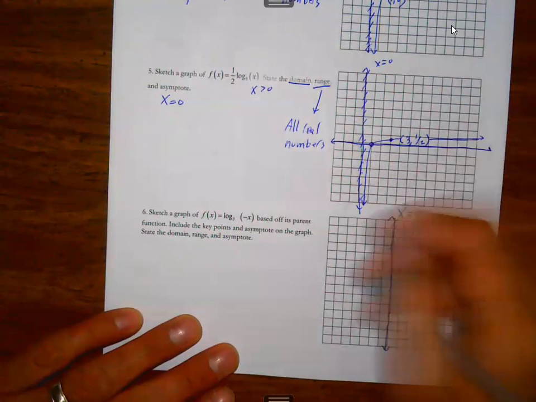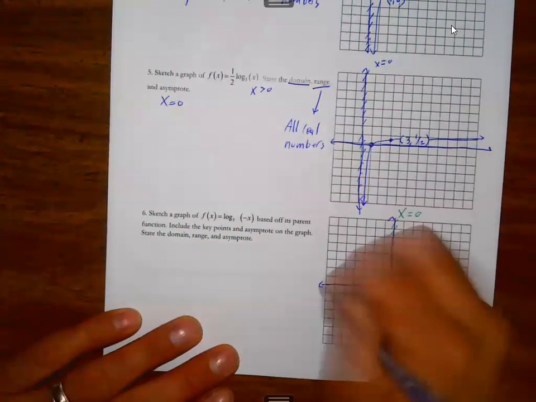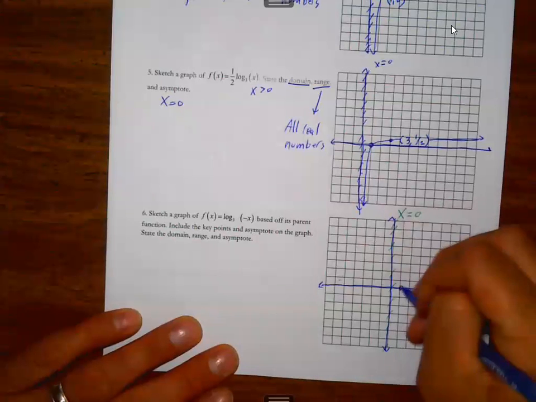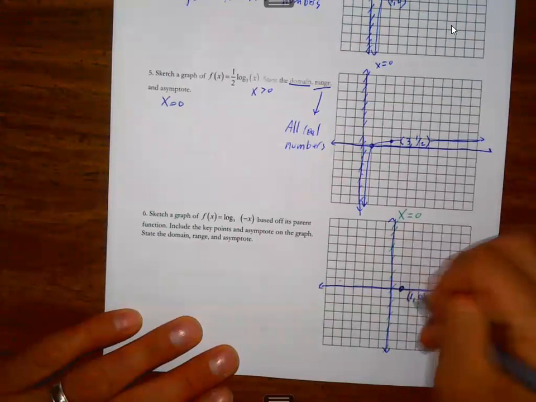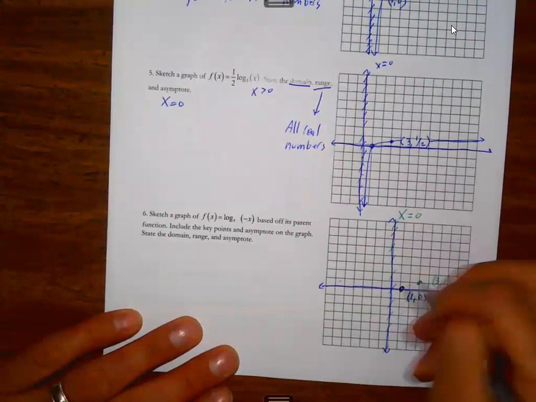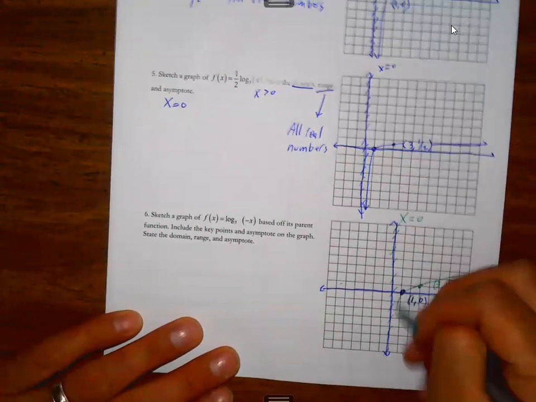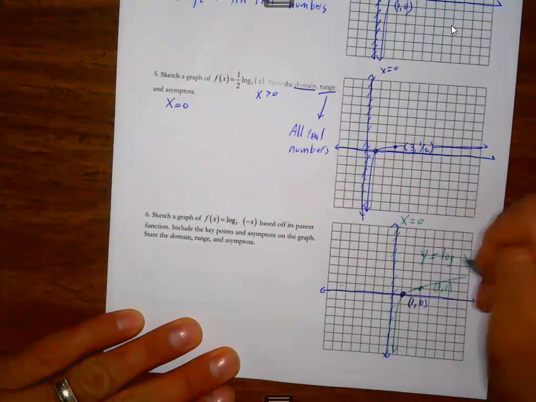But I want to sketch the parent function on the same graph as this. So this point was at 1, 0. This point was at 3, 1. All right, so this would be y equals the log of x base 3.